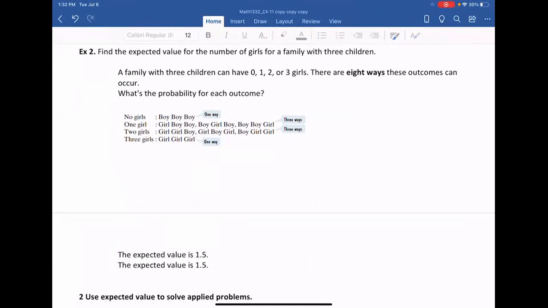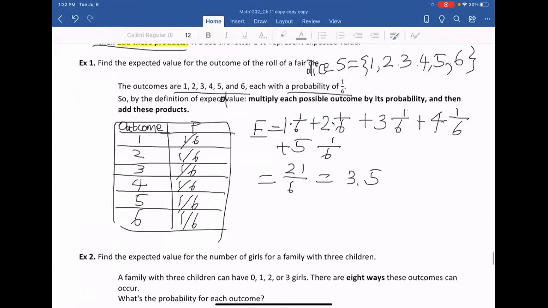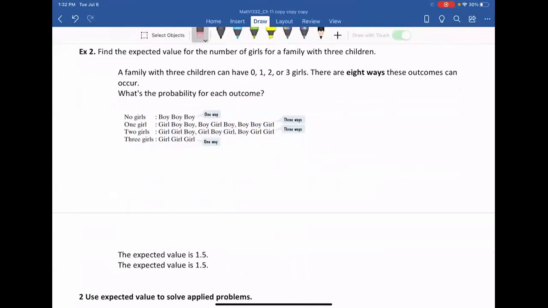So here are the 8 ways. For no girls, the 3 children in the family should be all boys. So this is one way.